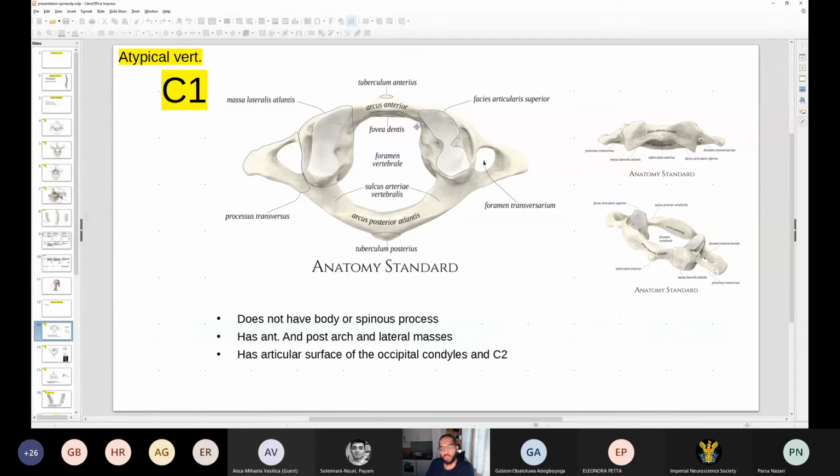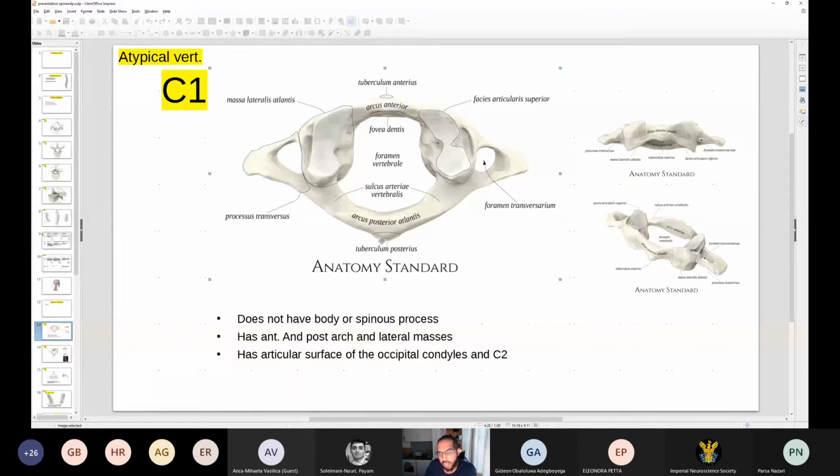It doesn't have a true body, and that's true. So it doesn't have a body, and it doesn't have any protruding process back here. So this is a vertebra that doesn't have a body and doesn't have a spinous process. So this must be the atlas.